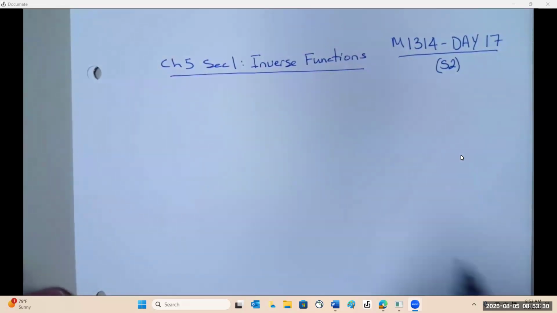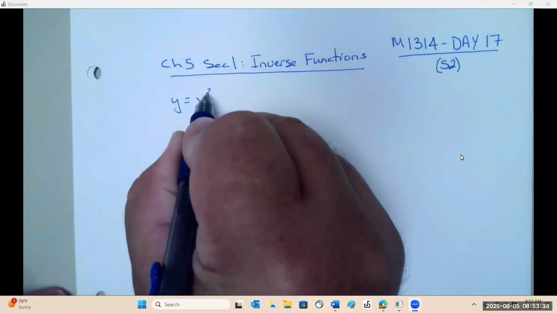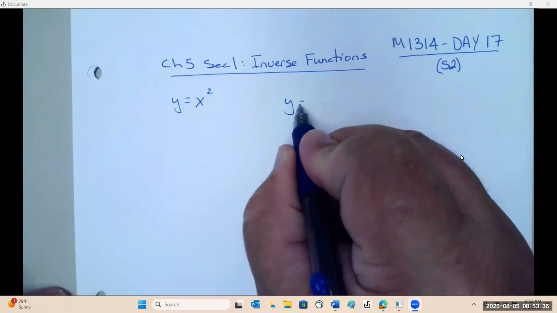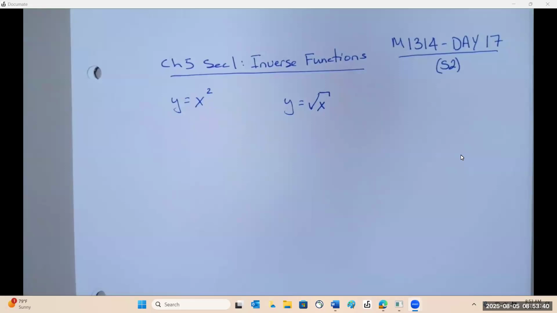For example, these two are inverses of each other.